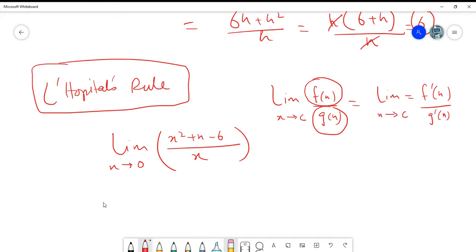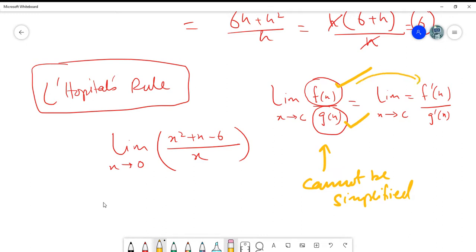So I repeat, L'Hopital's rule says if you have an expression which is a fraction having a function of x in the numerator as well as a function of x in the denominator, and something which cannot be simplified, then one could always differentiate both functions separately and then put in the limit given.